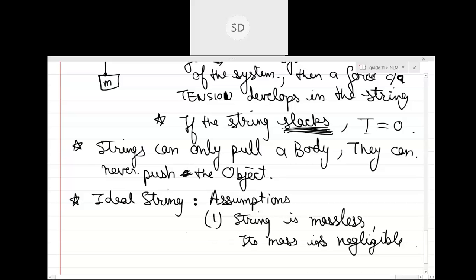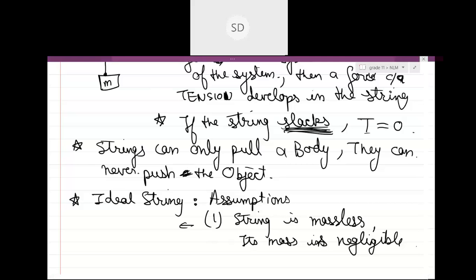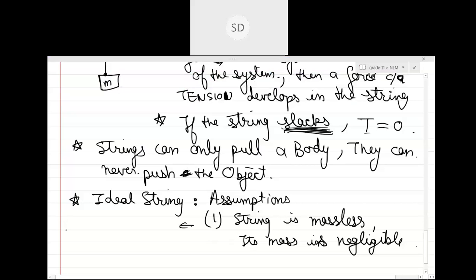Shall I write it over here? Don't consider the mass of the string until and unless mentioned.